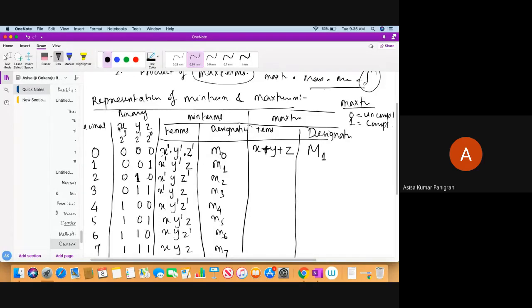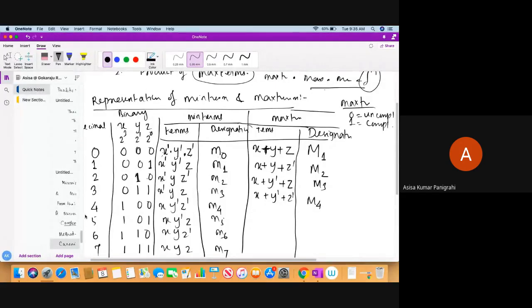Similarly, here x is 0, and 0 means uncomplemented. So x, y uncomplemented, or z bar. So this is M2. Similarly, x, y bar, z. Do you all understand? M3. Wherever there is 1, make it complement. Next, M4. Wherever there is 0, uncomplemented form, means x, y bar, z bar, which is M4.